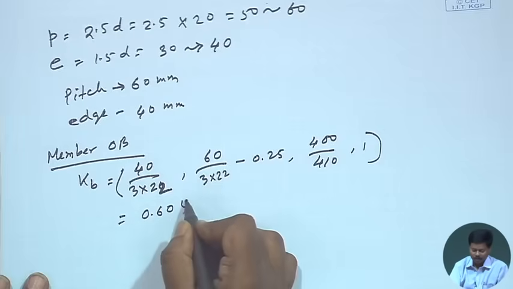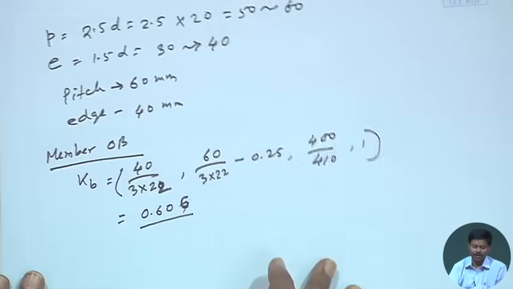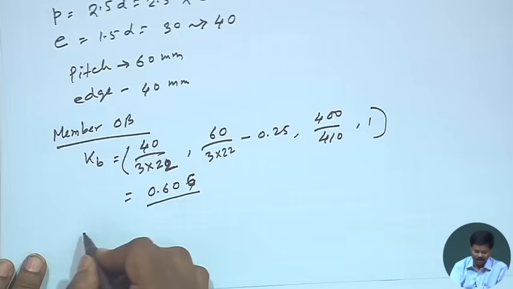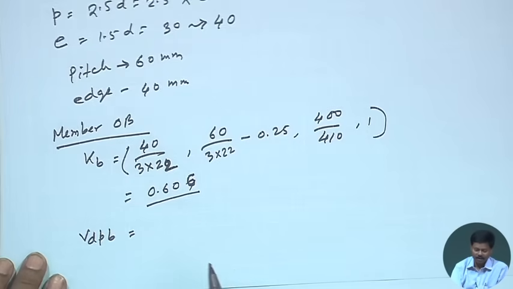In fact, for all the members this KB value for calculating bearing strength will become 0.606. So, I can find out the bearing strength VDPB.